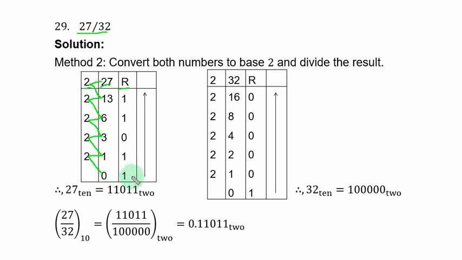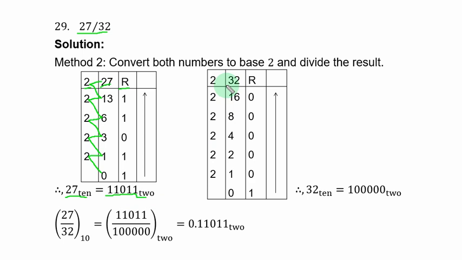You record your answer upward in the remainders column. This is what this arrow stands for. So 27 in base 10 is equal to 11011 in base 2.